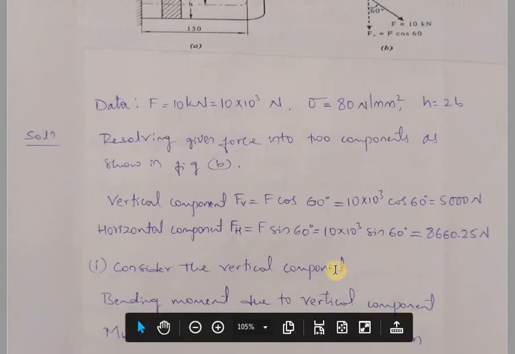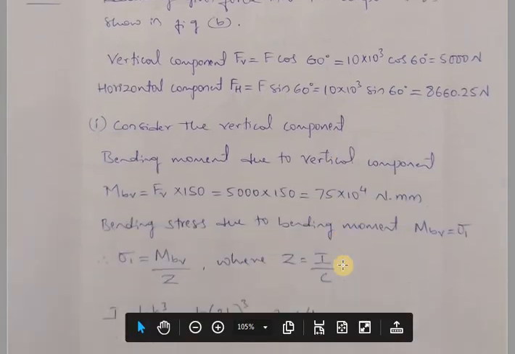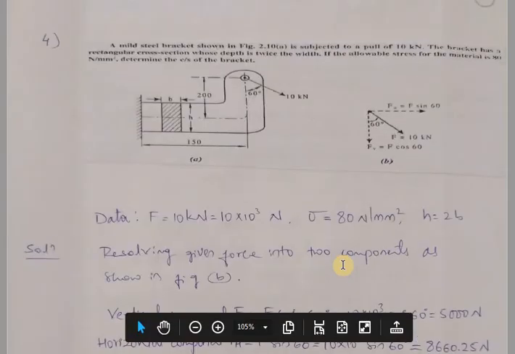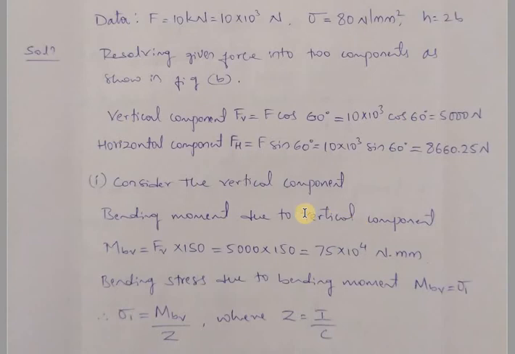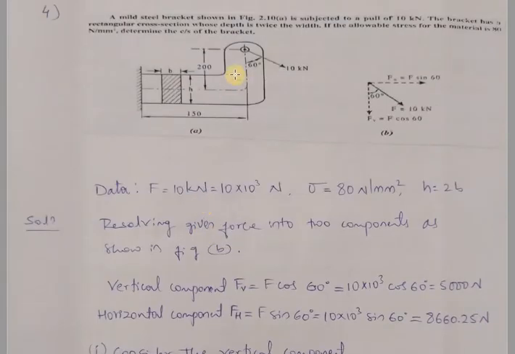Next, let us see first considering the vertical component. So this is the vertical component. We will consider this force now. So considering the vertical component, bending moment due to the vertical component. So when the load is applied here on this axis, okay, the stresses induced at the fixed end, the maximum stress will be induced at the fixed end.